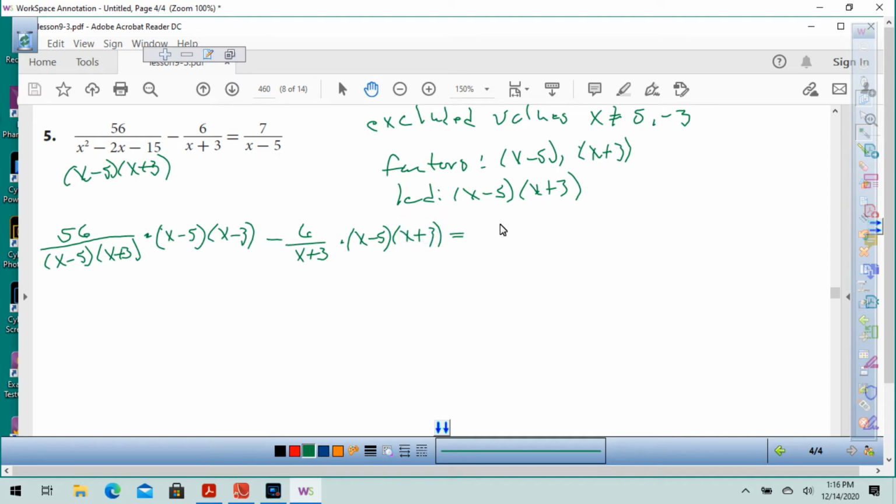And that's going to equal 7 over x minus 5 times x minus 5 times x plus 3.